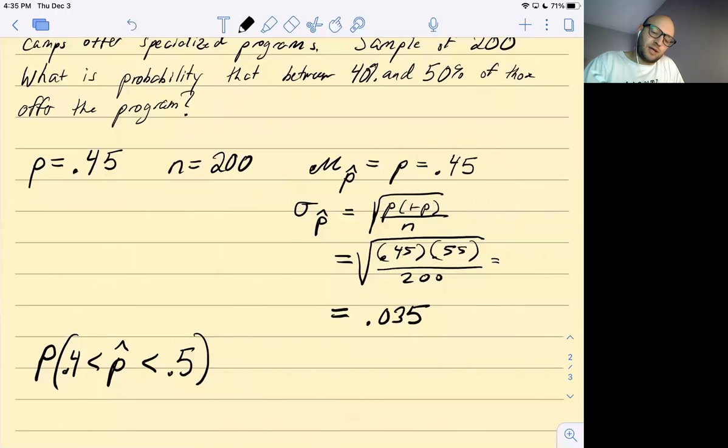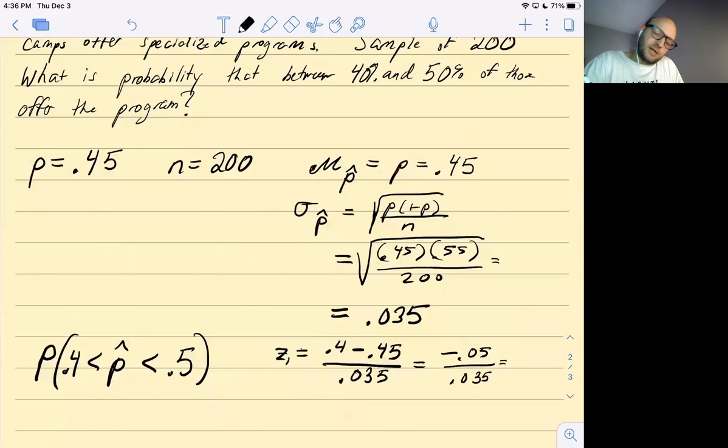Well, let's find the corresponding z-scores corresponding to these x values. The first z-score would be 0.4 minus 0.45 all over 0.035, I'm just doing x minus mu over sigma. This is negative 0.05 all over 0.035.